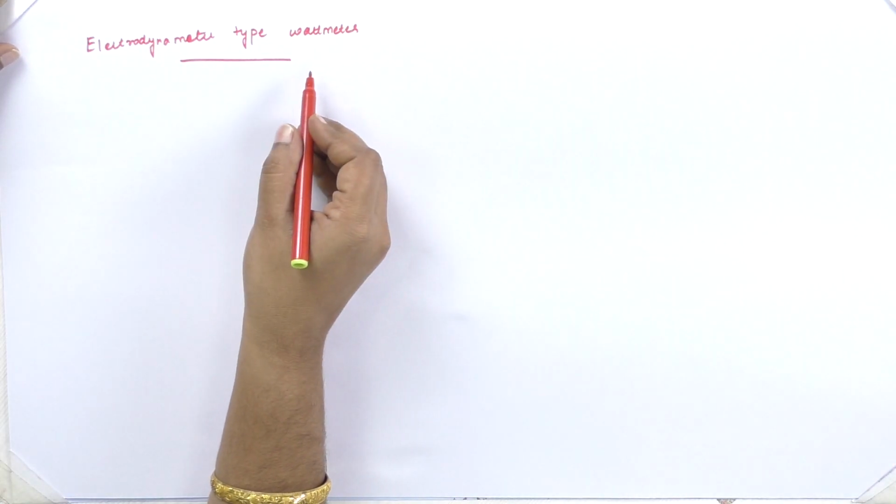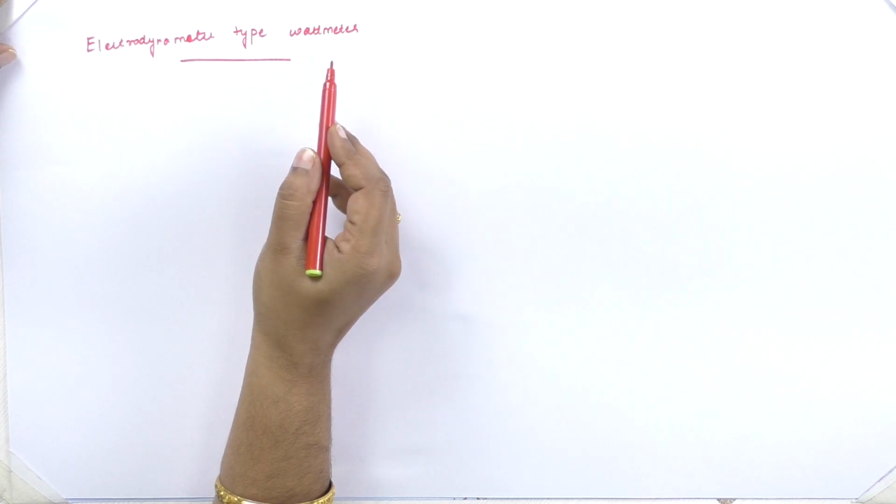But in AC circuits, if you want to measure power directly, we have to use a wattmeter. So the necessity of a wattmeter is to measure power in AC circuits. In this class we are going to see the wattmeter, the types of wattmeter, and the construction and working of the wattmeter. We are going to see the electrodynamometer type wattmeter.